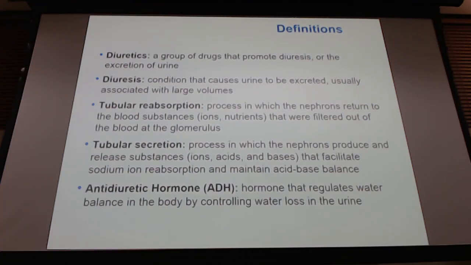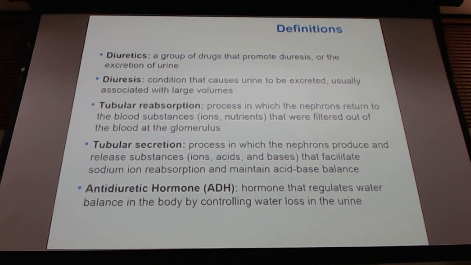So first, let's go over some definitions. Diuretics are a group of drugs that cause the excretion of urine. Diuresis is what the excretion of that urine is called, and it's usually associated with large volumes. Tubular reabsorption means the transport of a substance from the nephron of your kidneys, or the lumen, into your bloodstream.